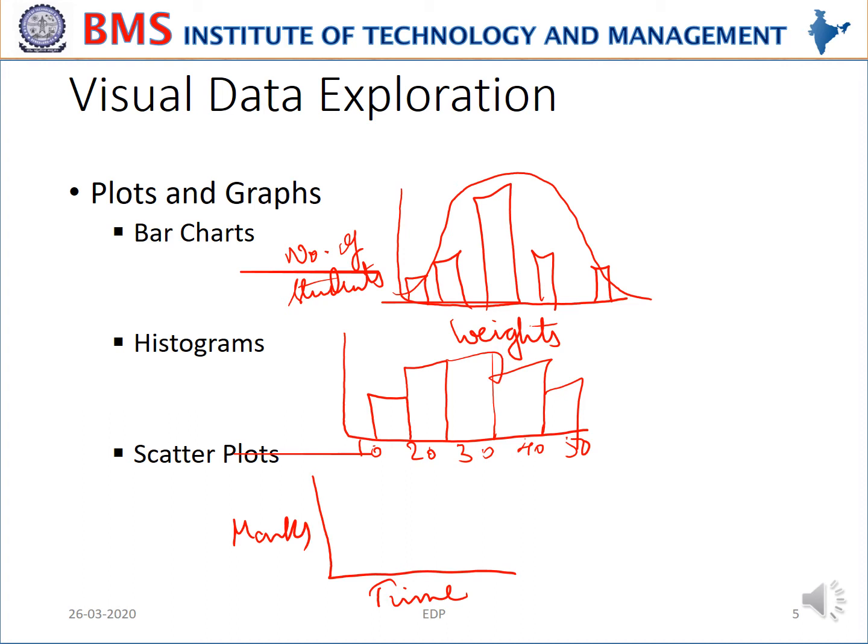As the time spent on studying by a student increases, we obviously see that the marks also keep increasing, right? So we are trying to find the association between time spent on studying and marks obtained by a student. In this case, it is a positive correlation, indicating that as the time spent on studying increases, the marks obtained also increase. By this, we can understand that these two parameters are positively correlated.